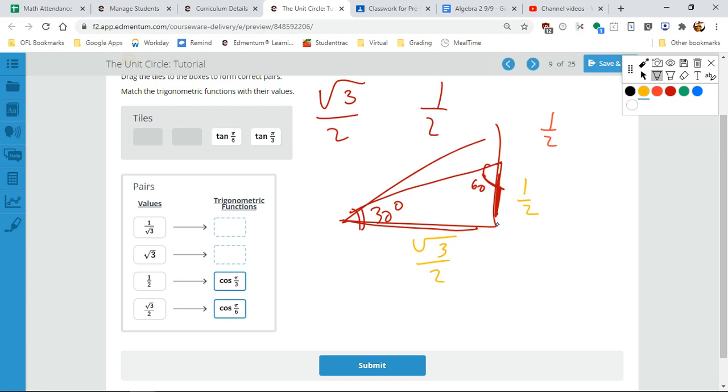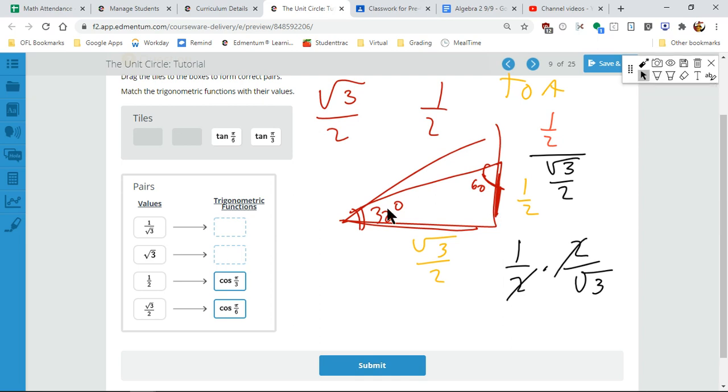Opposite over adjacent, SOHCAHTOA. Opposite over adjacent, so 1/2 over 3 over 2. If you're dividing fractions, it's the same thing as multiplying by the reciprocal. So therefore, this would be 30 degrees.